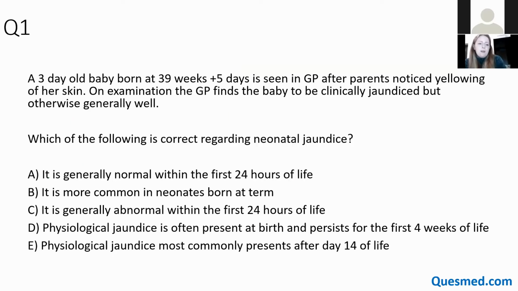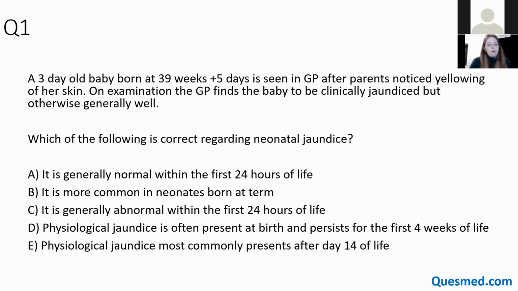Question number 1. A 3-day-old baby born at 39 weeks plus 5 days is seen in GP after parents notice yellowing of her skin. On examination, the GP finds the baby to be clinically jaundiced, but otherwise generally well. Which of the following is correct regarding neonatal jaundice? Is it A, it's generally normal within the first 24 hours of life?